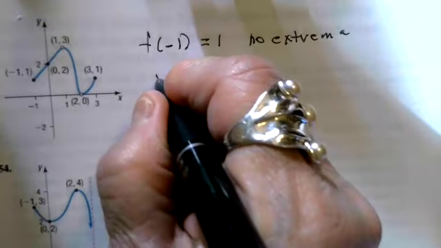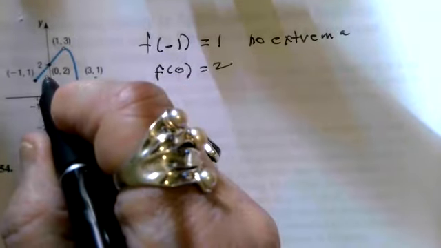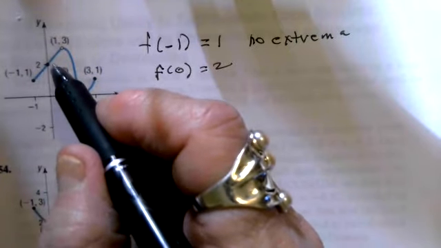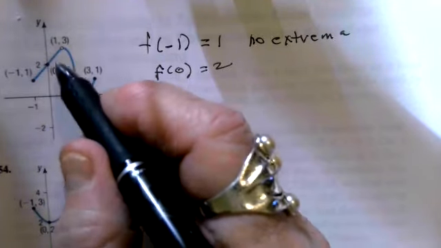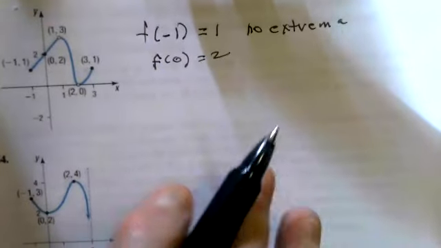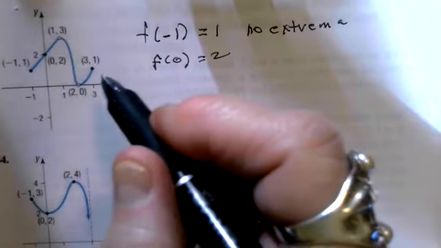And then let's go to the next x value, which is 0. So f of 0 is equal to 2. And we're right here. Well, it's not at the end point, but is it a local max or a local min? Basically to be a local max or local min, one thing you'll notice is that the graph changes direction.